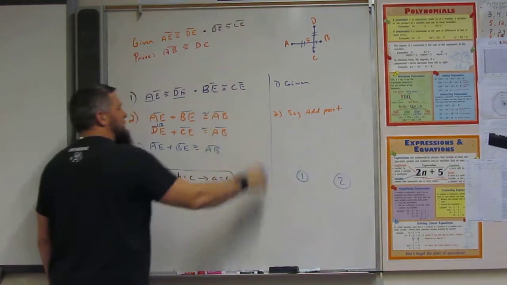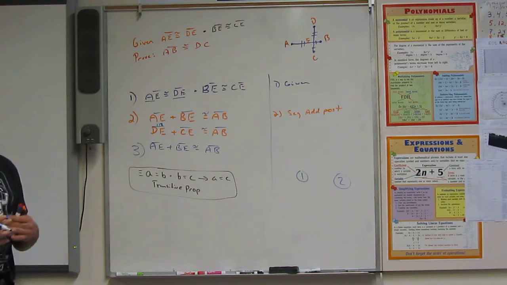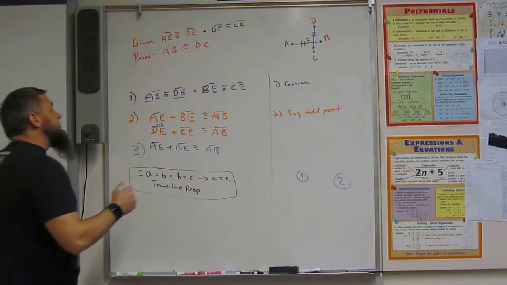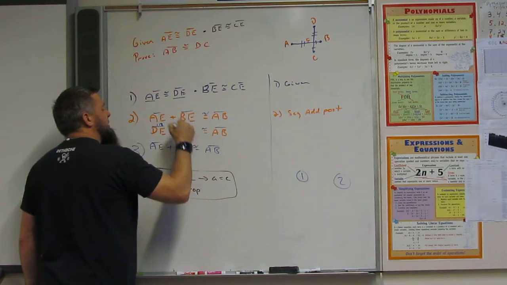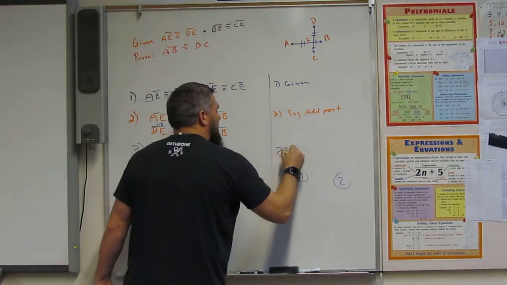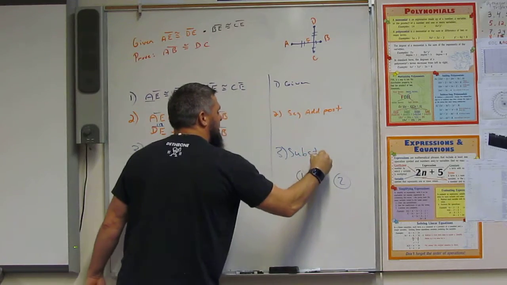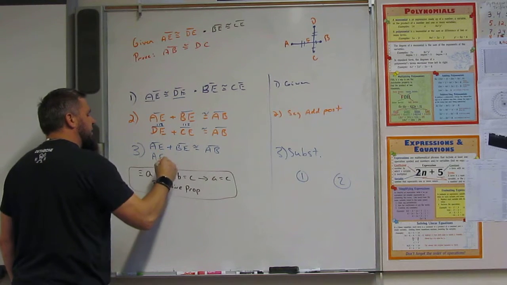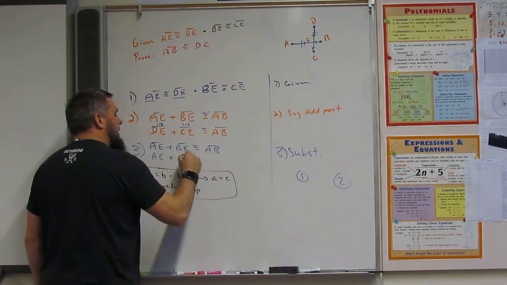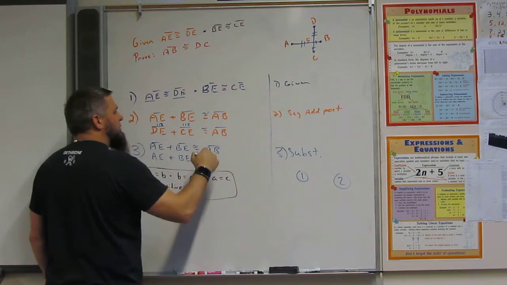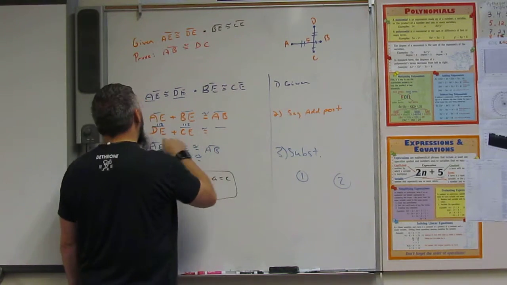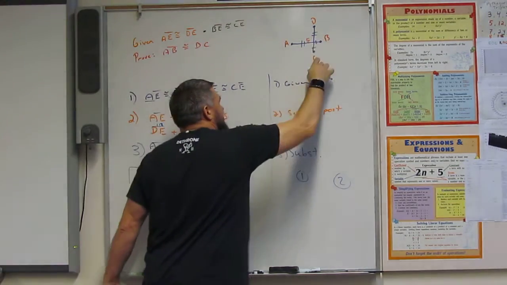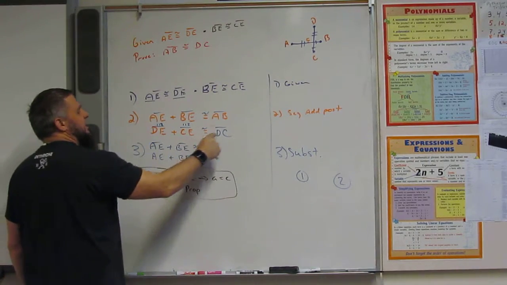I know that they're congruent because they told me before. What I also know now is that I can just plug these in via substitution. So I can say AE plus BE is congruent to, wait a minute, this should be DC. Sorry about that. DE plus CE is DC.